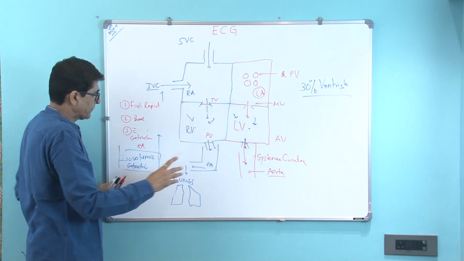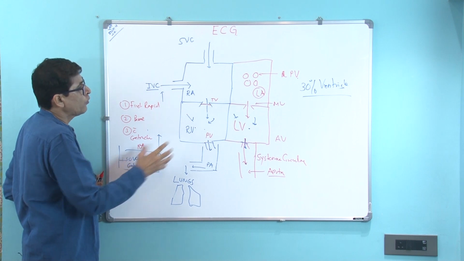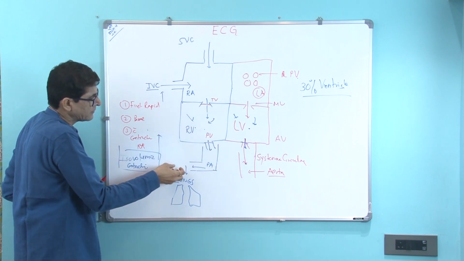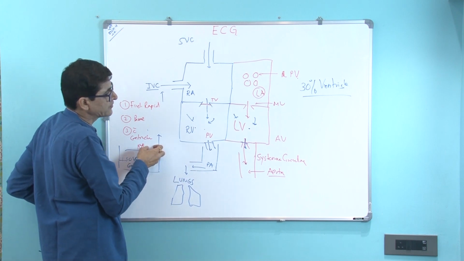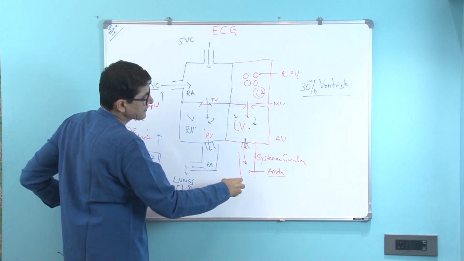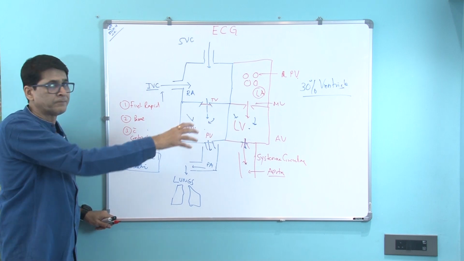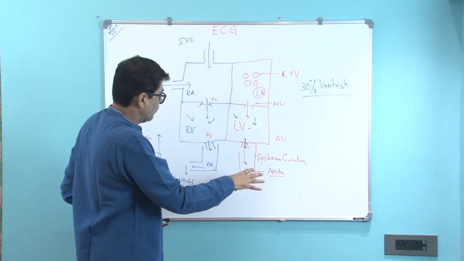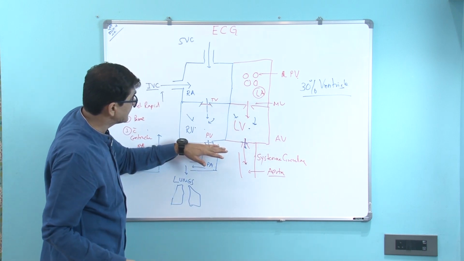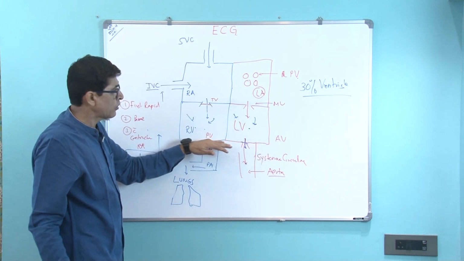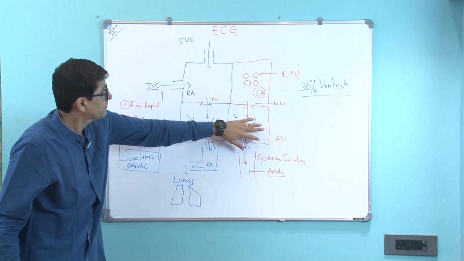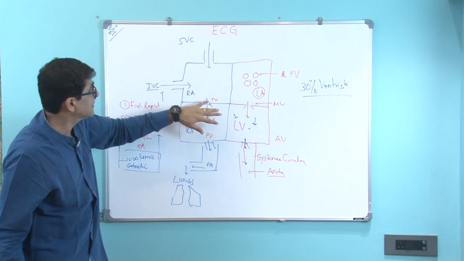Now remember, it was an isovolumic contraction, the valve has opened, blood has rushed to the pulmonary circulation, and here blood has rushed to the systemic circulation. Now at the end of the systole, both these valves are closed, but these are not yet opened.